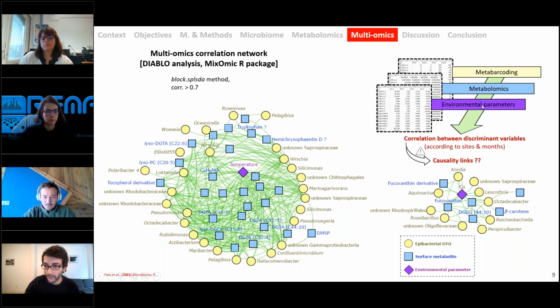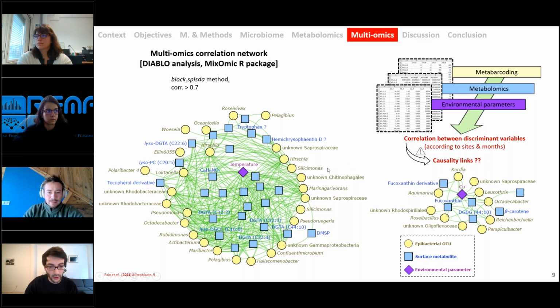The idea is to combine all these datasets together and to look into the most discriminant correlations between the variables according to the sites and to the months. But of course, we have to be careful when we analyze this type of network, because we see a lot of links, and all these links are not necessarily causality links.